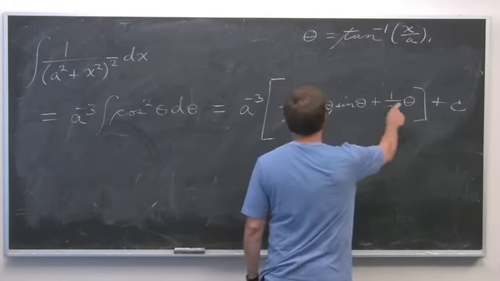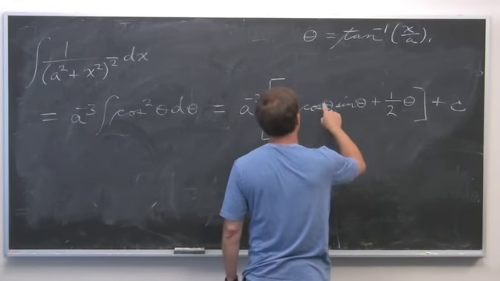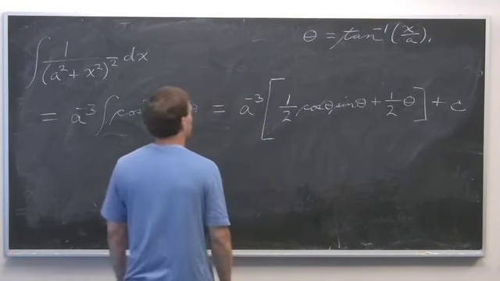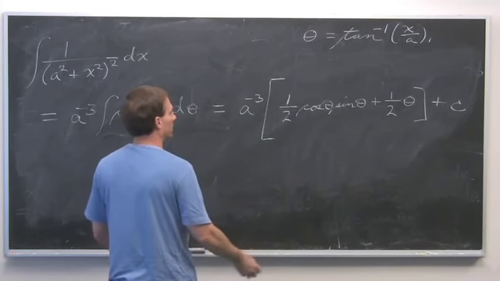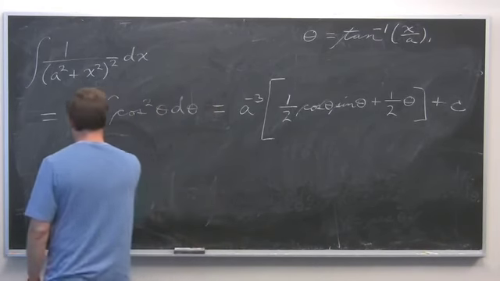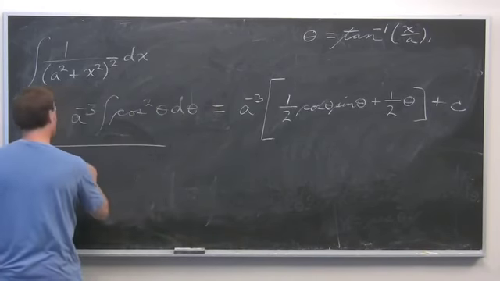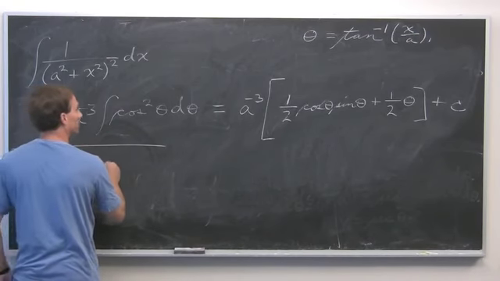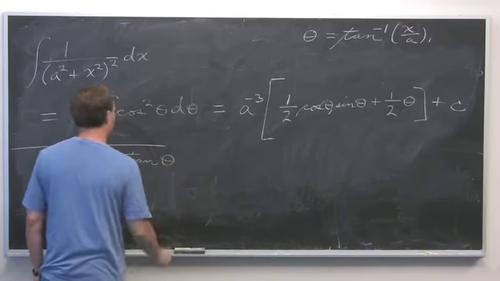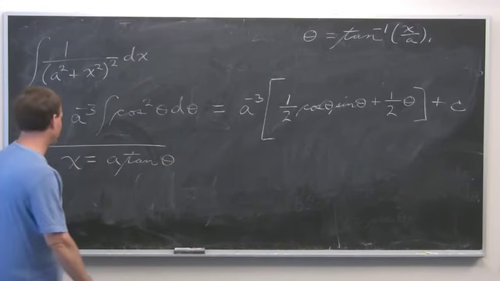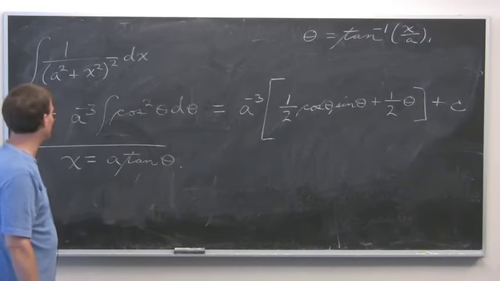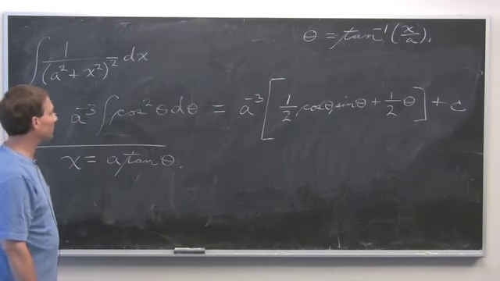This becomes the inverse tangent of x over a, and you need cosine times sine in terms of x and a. This is not particularly difficult. You get x equals a tan theta. The kind of sneaky way of getting this is that tan theta is sine theta over cosine theta.